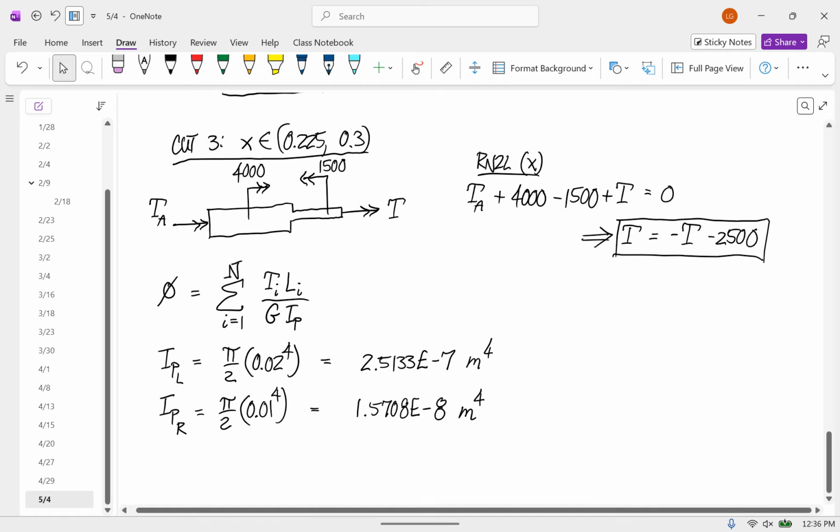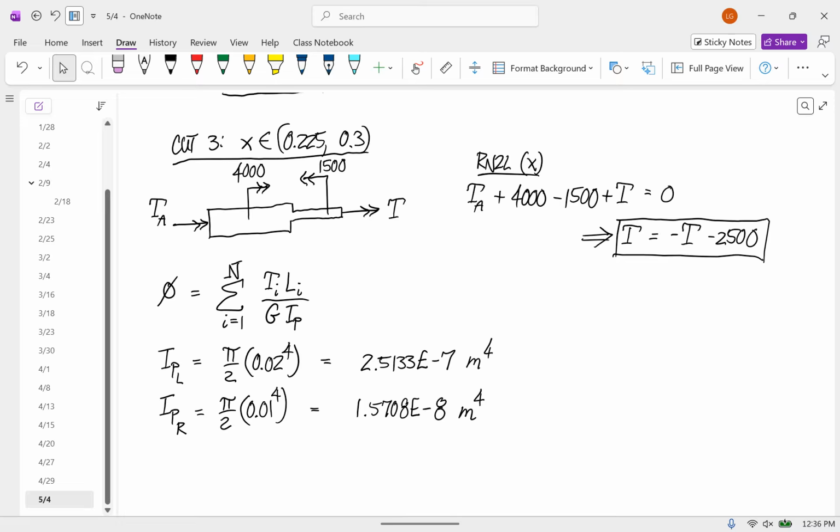Because if you look at this formula, you need a new piece anytime any of these things change. So if that internal torque changes, you need a new piece. If the I sub P changes, you need a new piece.